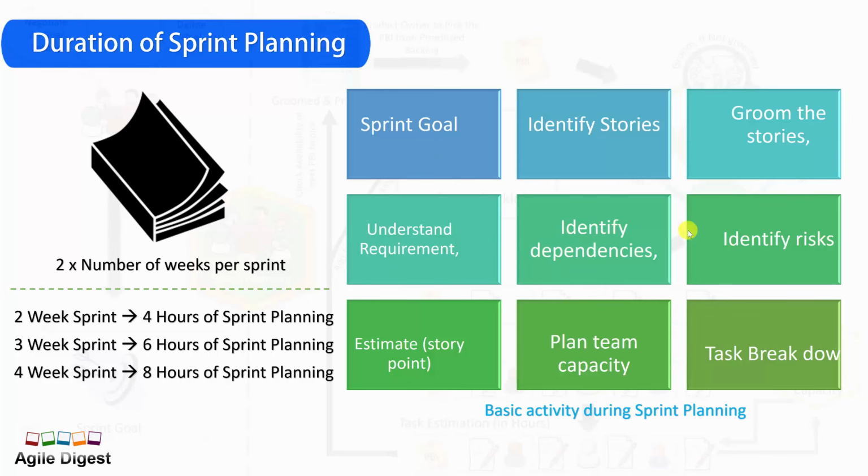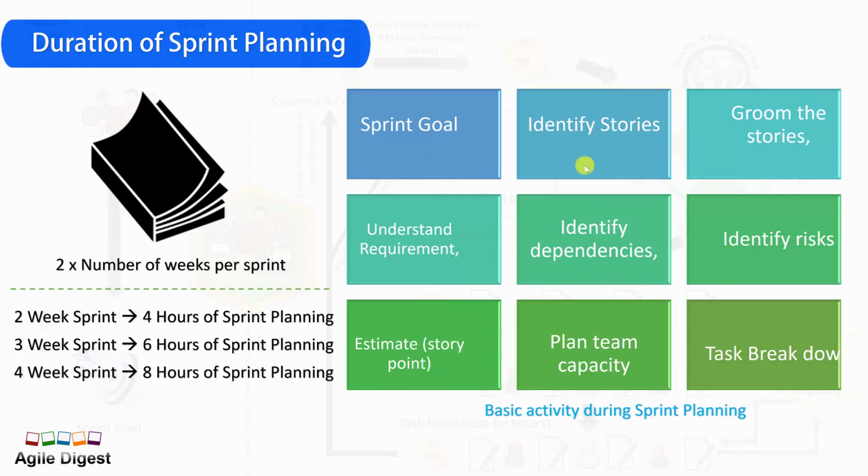And what do we actually do within that sprint planning time? We define a sprint goal, identify stories, groom the stories, understand the requirements of each story, then identify dependencies, identify risks, estimate the story points, plan team capacity, break out tasks, and assign tasks. If we do all these activities for a 2-week sprint, it will definitely take 4 hours.